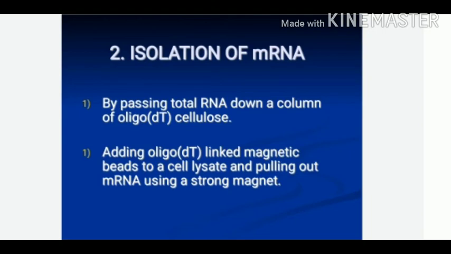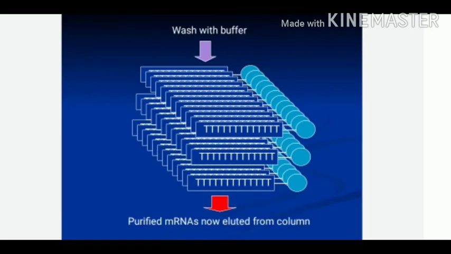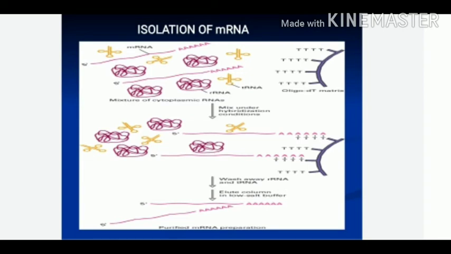Now, when this mixture of cytoplasmic RNAs is put under hybridization conditions, only the eukaryotic mRNA binds to oligo-dT primer, whereas the other RNA, that is rRNA and tRNA, are washed off. Later on, the column is eluted under the influence of a low salt buffer. Purified mRNA is obtained.